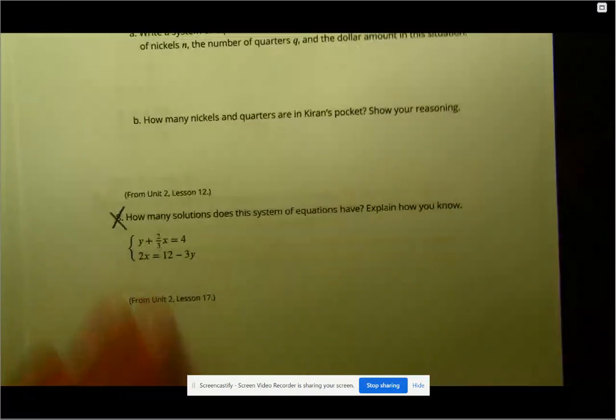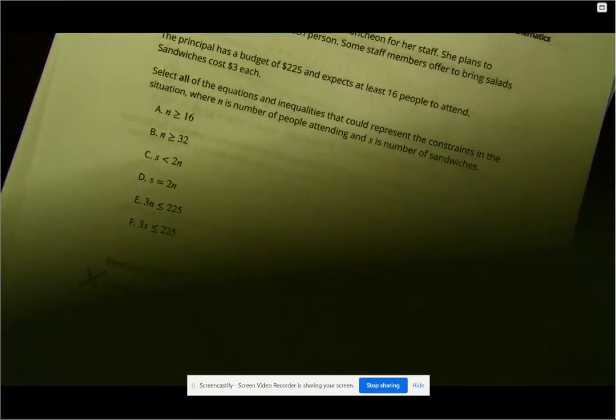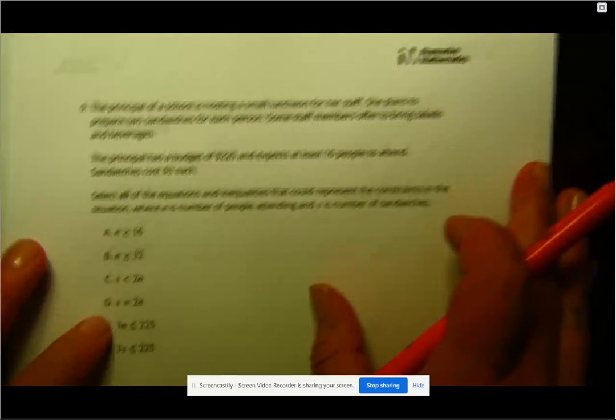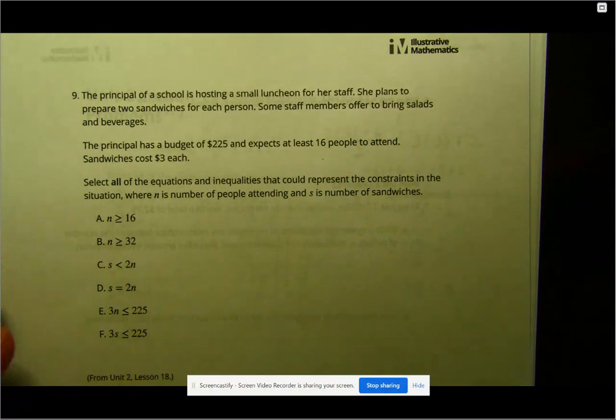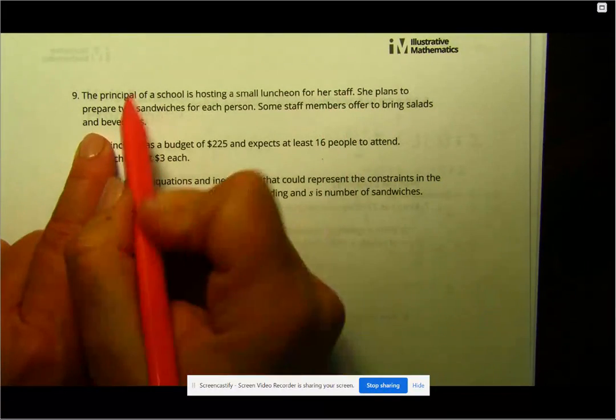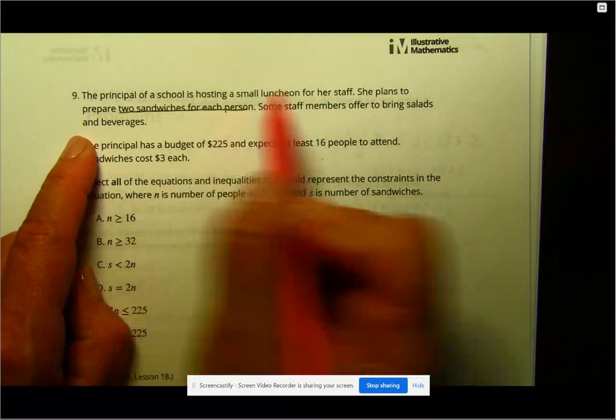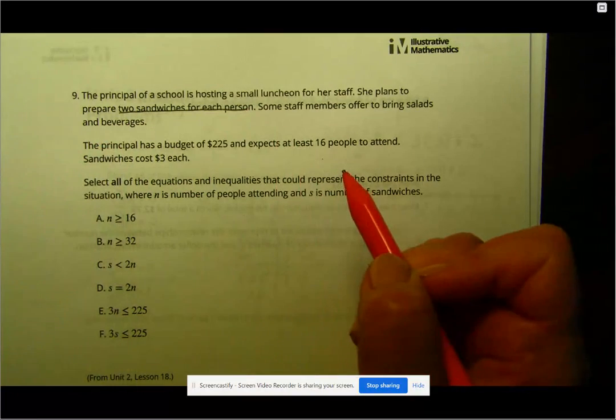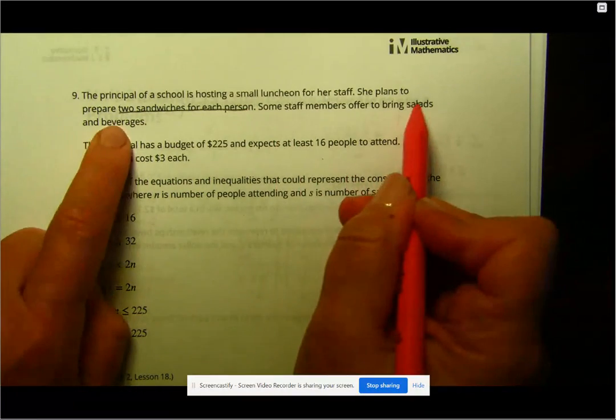All right. Last one, number 9. The principal of the school is hosting a small luncheon of her staff. So she's going to prepare 2 sandwiches for every person. Who cares about salads and beverages?